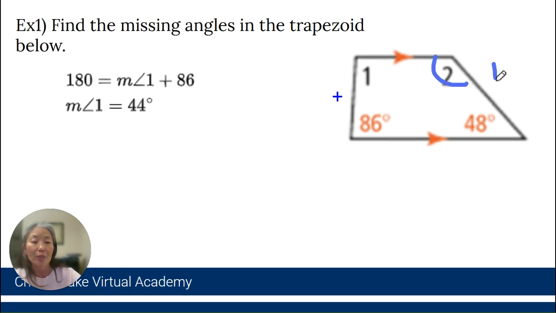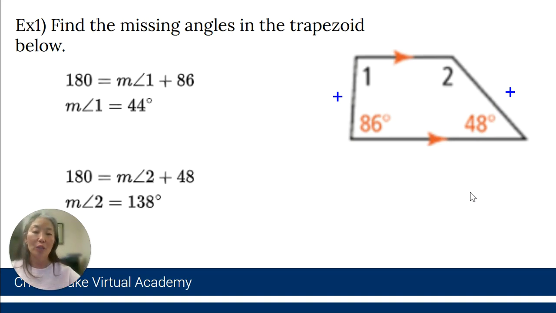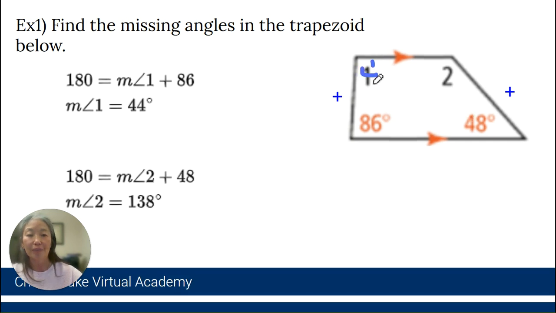Similarly, this angle plus this angle are going to equal 180. So 180 is equal to angle 2 plus 48 degrees, so angle 2 is 138. So if this angle is 44 degrees and this angle is 138 degrees, how many degrees do all of the angles in a quadrilateral equal? Food for thought.